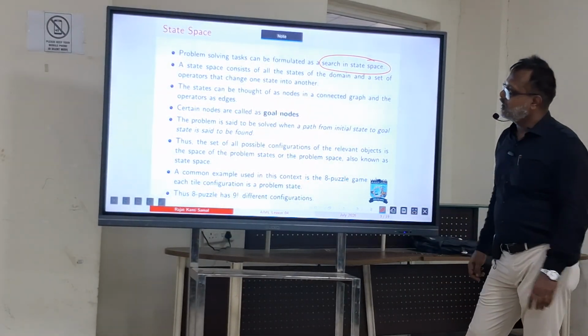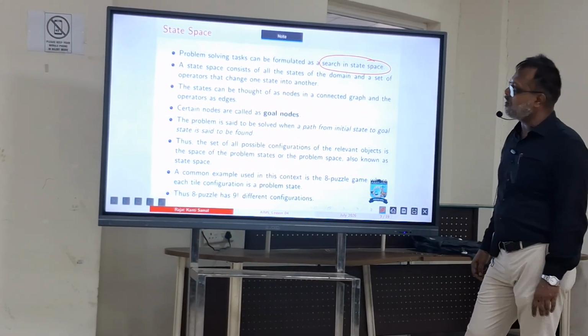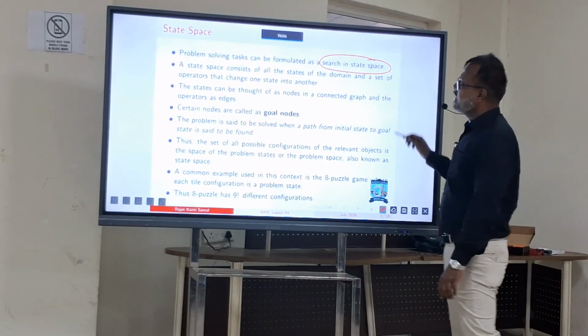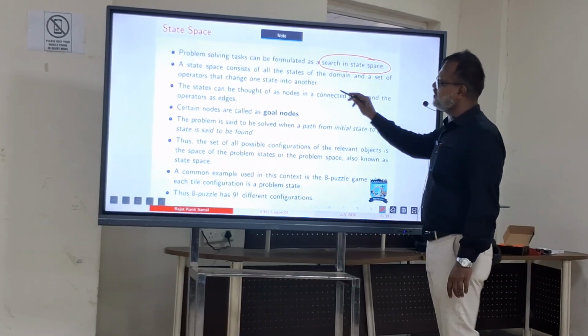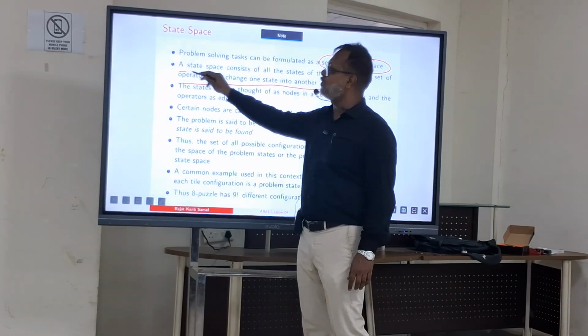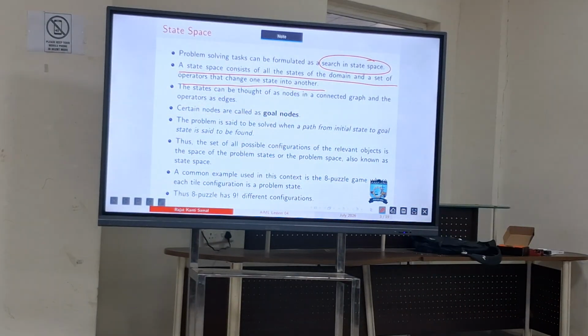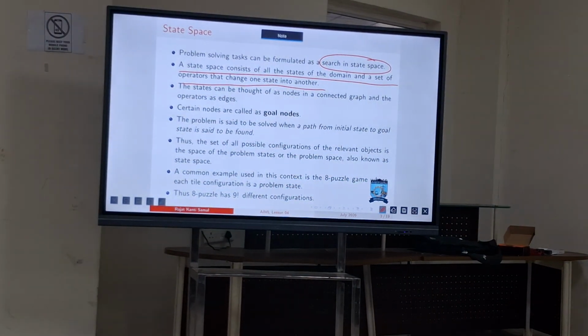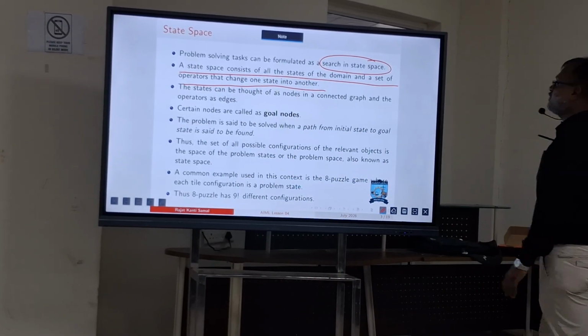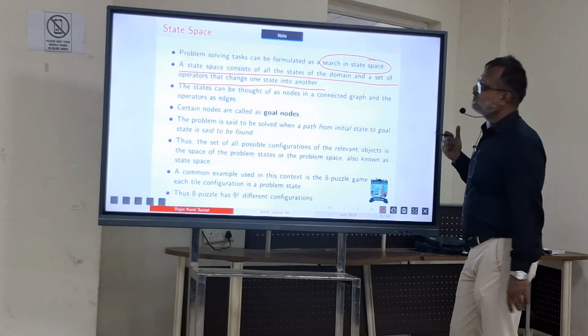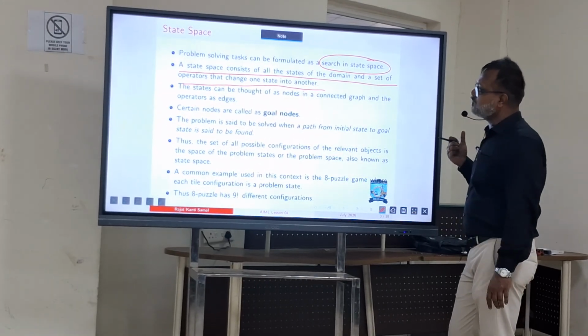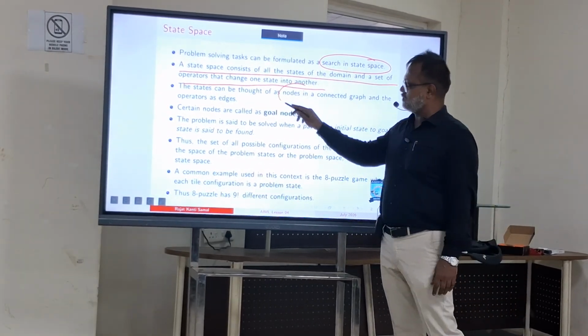The state space consists of all the states of the domain and a set of operators that change one state into another. So if you are asked a 2-mark question, what is a state space, your answer should be this or similar to this. The states can be thought of as nodes.